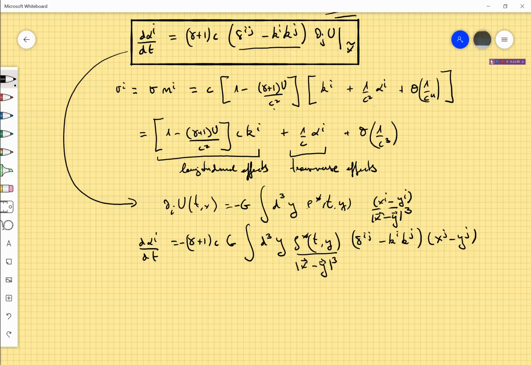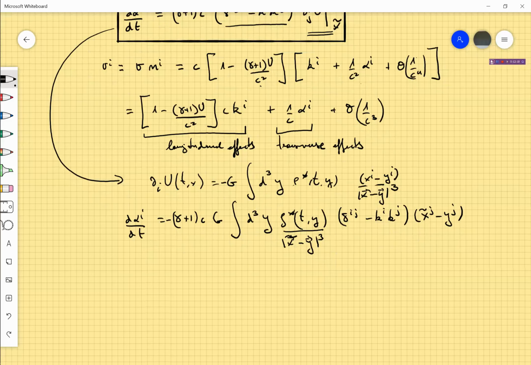Remember that here we are supposed to replace x by x tilde everywhere, because this was the approximation that we were making at this order.